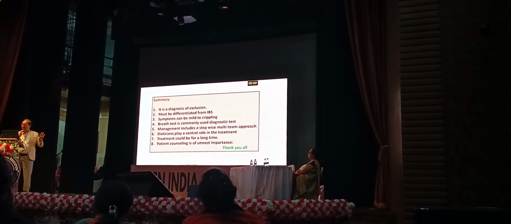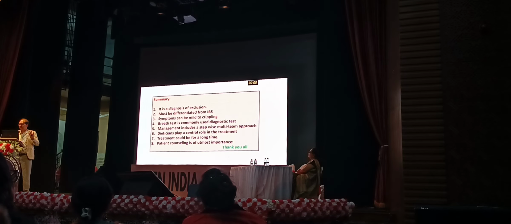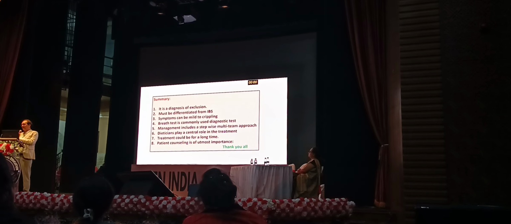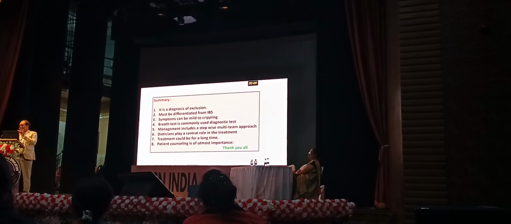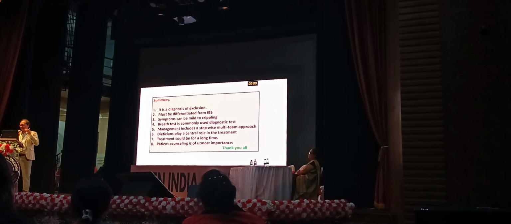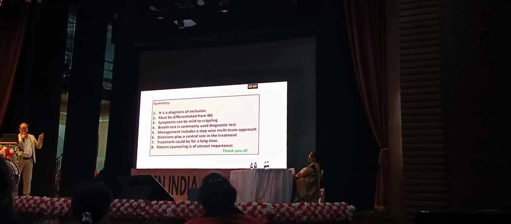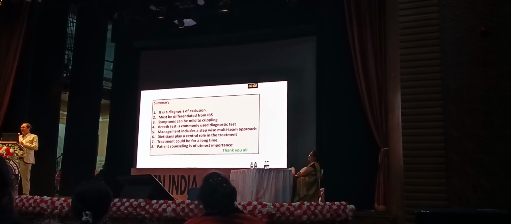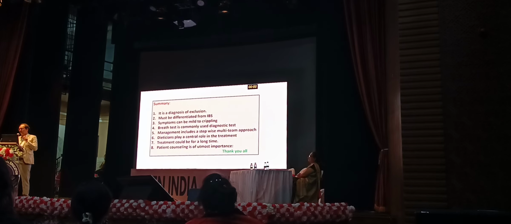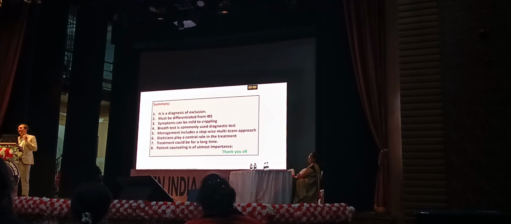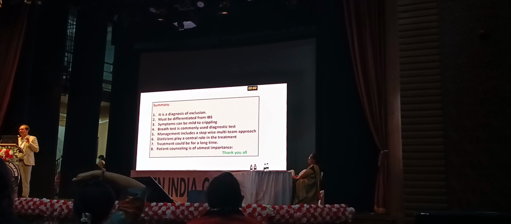If diabetes is there or a GI tract problem is there, exclude that, then exclude IBS, irritable bowel syndrome, by various tests, endoscopies, colonoscopies and other workups. And after exclusion, give a trial of therapy. First trial of therapy you have to give is diet. And that is where your job comes in.